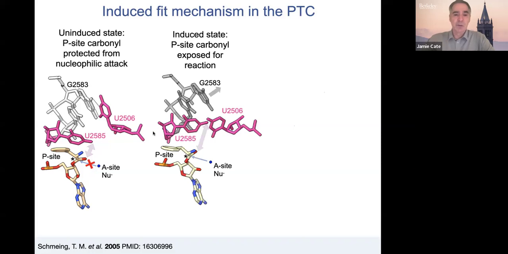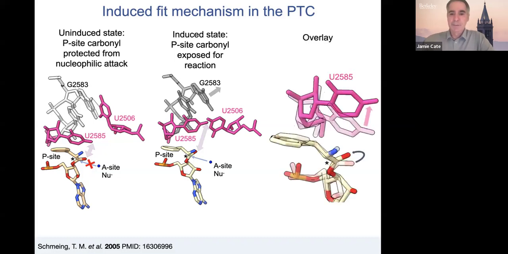When the A site part comes in, these nucleotides move out of the way, and then this monomer rotates so that you can actually form the chemical bond. This shows that rotation and the movement of uridine 2585 out of the way.